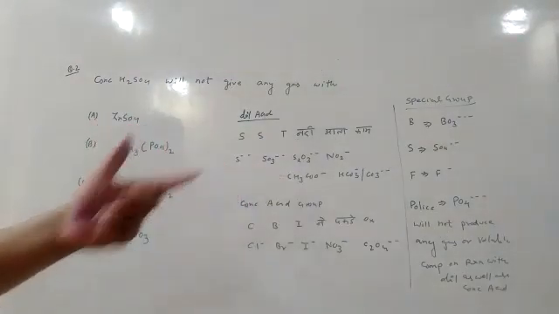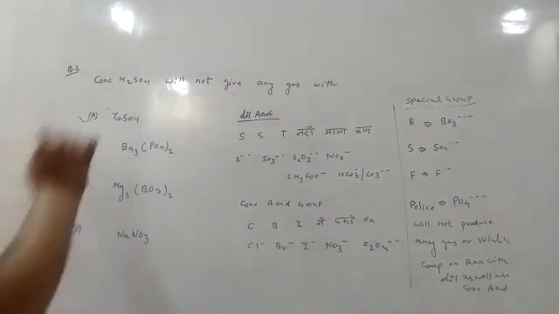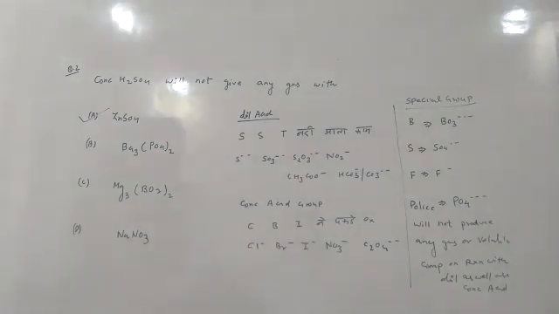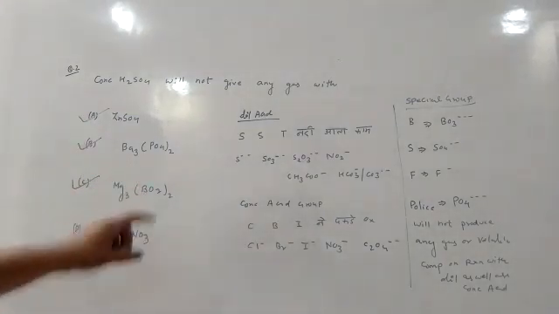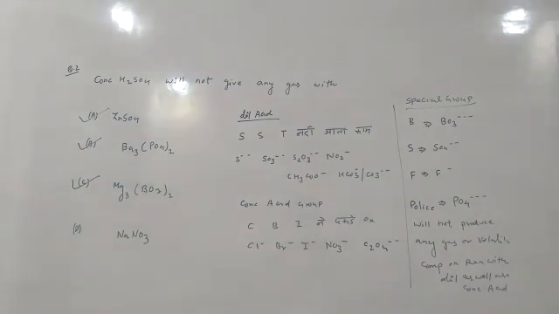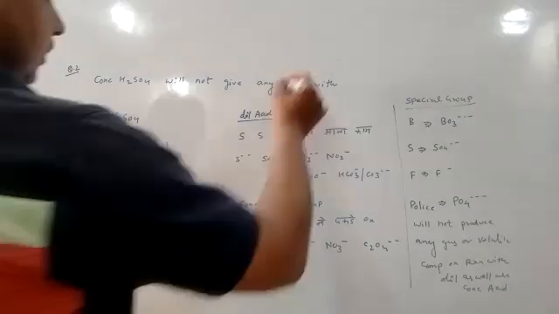Sulfate is in category 3, so it will not give any gas or volatile compound. Phosphate will not give any volatile or gaseous compound, and borate is one of the family radicals, so it will not give either. And nitrate will definitely produce NO2 gas on reaction with concentrated acid. So the correct answer should be ABC.